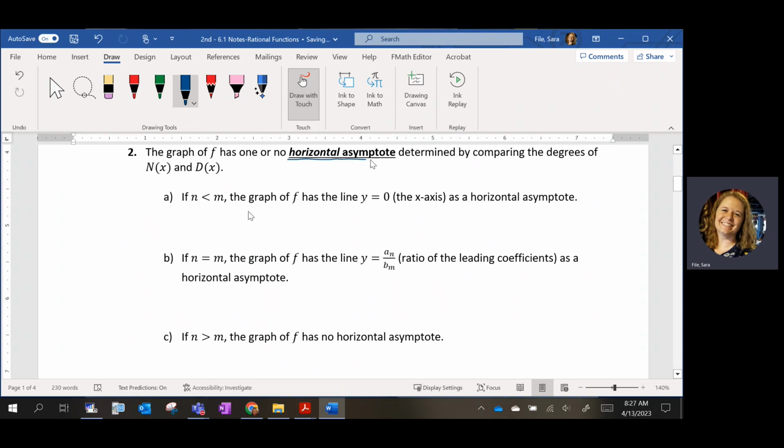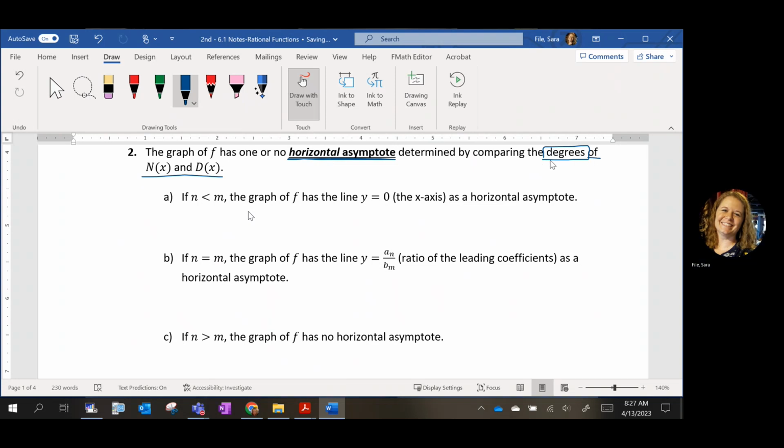Okay, so your horizontal asymptotes, we're going to find those and determine where the horizontal asymptote is, if there is one, based on the degree of both the numerator and the denominator.